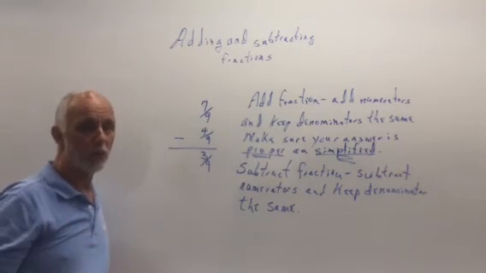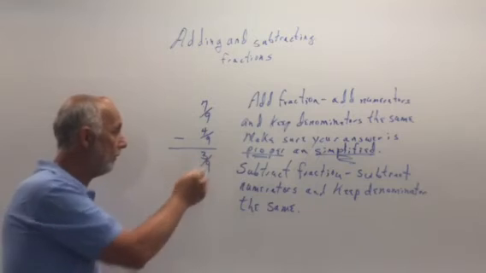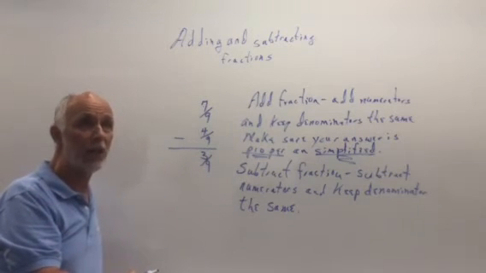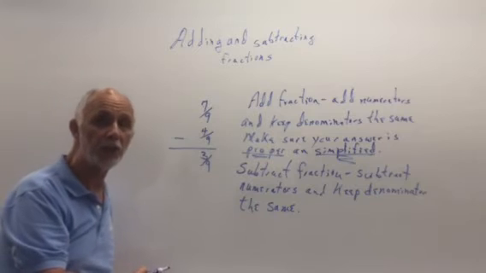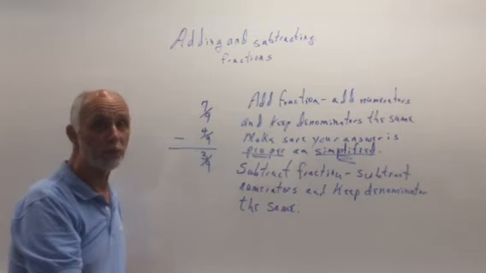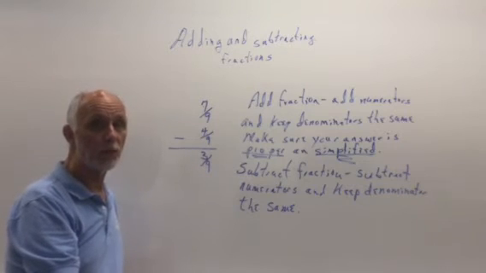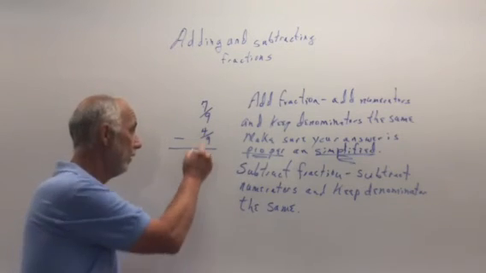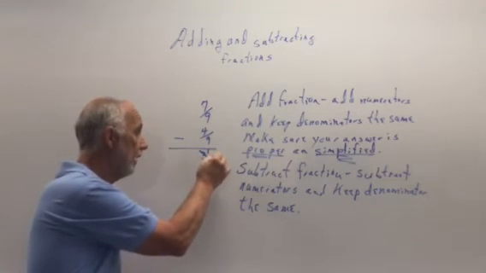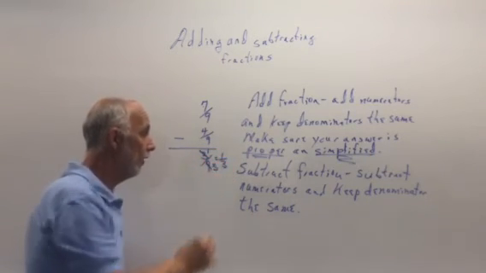However, that's wrong. You might say it's proper, because the top is smaller than the bottom, and usually when you subtract it will be proper, though you should always check it. But what's wrong with it is the fact that it's not simplified. What goes into both 3 and 9? 3 does. 3 goes into 3 once, 3 goes into 9 3 times, and your answer becomes 1/3.